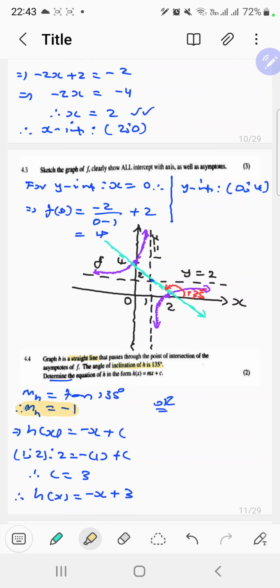First, you have to determine that gradient because it can be any value whatsoever depending on the angle of inclination. But now that we know the gradient is minus 1, we can already say that h of x is going to be equal to minus into x minus 1 plus 2. You just do it from the hyperbola already. So this is going to be minus x plus 1 plus 2, which is going to be minus x plus 3.